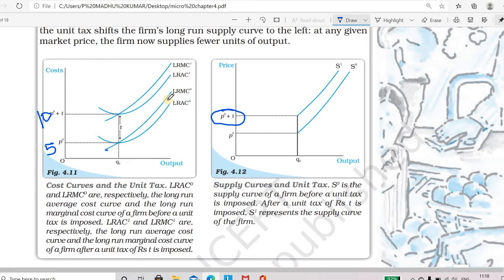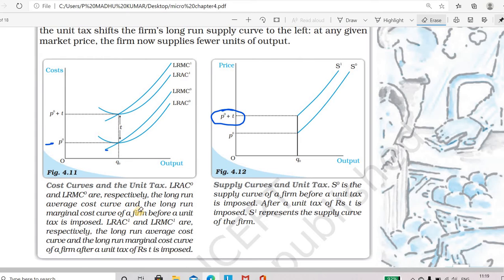Here LRMC0 and LRAC0 are the curves without tax, and this one is after imposing the tax. This is the situation.